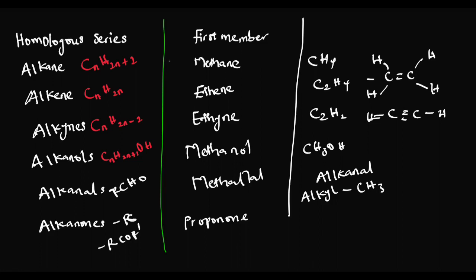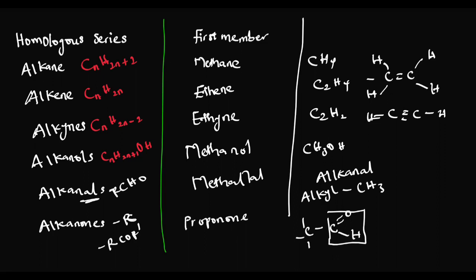But I'll be making use of the simplest one, which is methyl, CH3. So we can have CH3 dash OH, something like this. So this particular part is the functional group of alkanol.